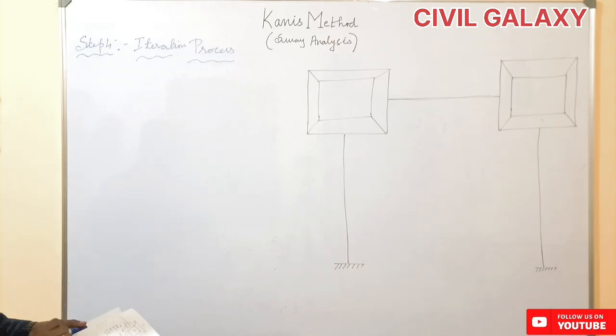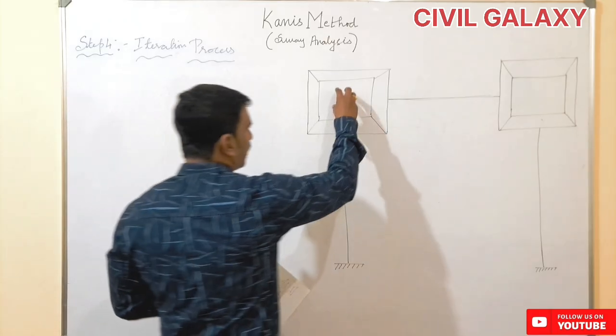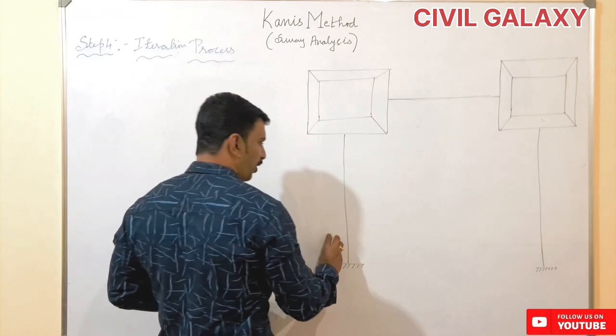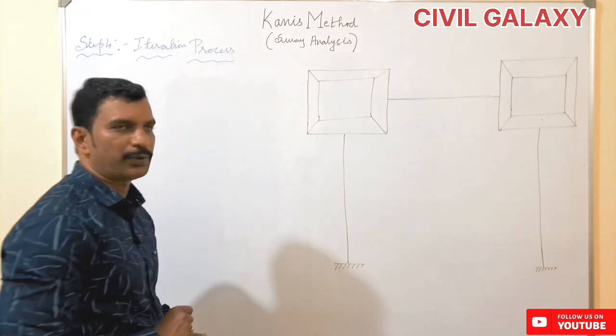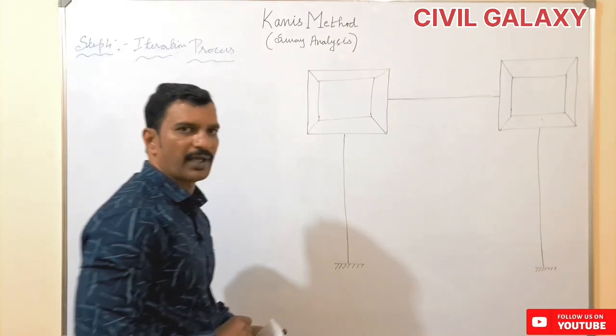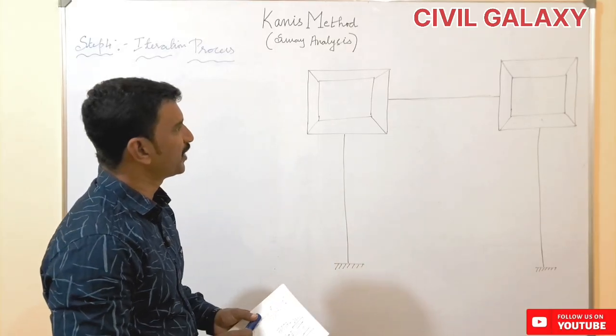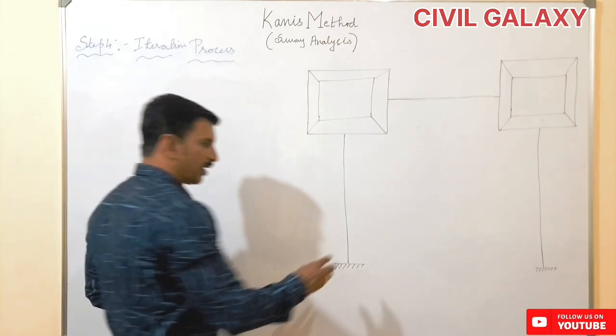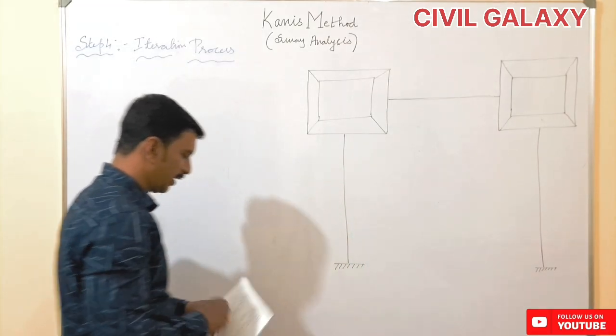What we have to do in this Kani's table is represent the fixed end moments whatever we have got in the first step. Also we need to represent the rotation contributions, and the displacement factors what we have got in the third step, in this particular table.